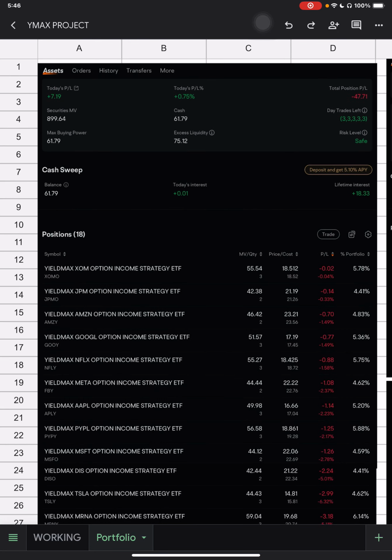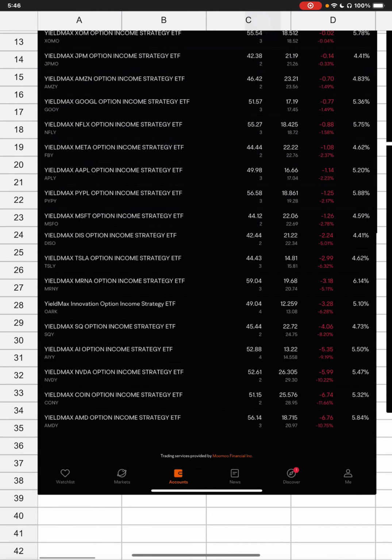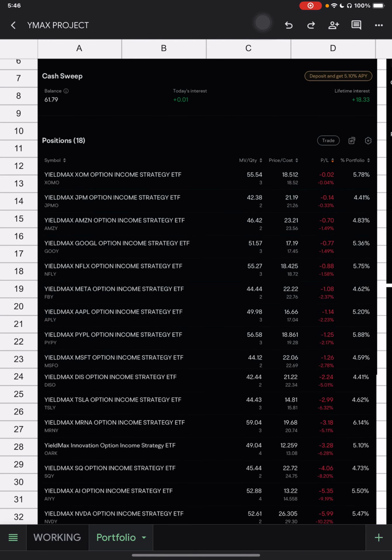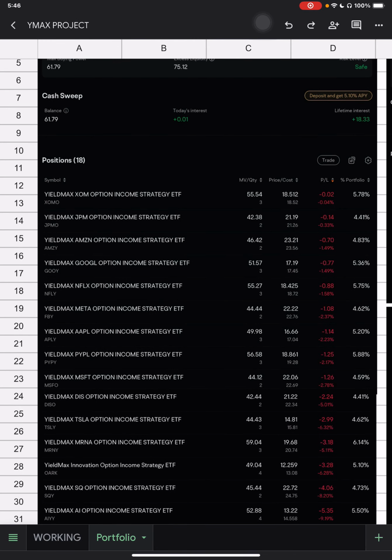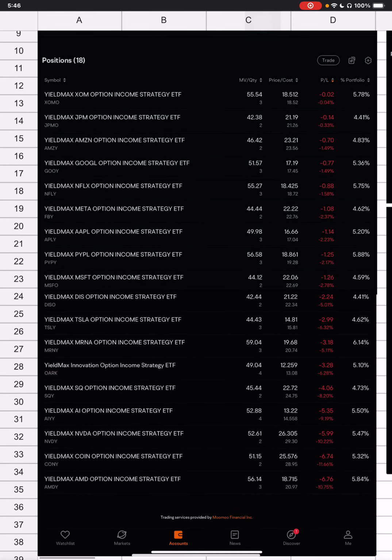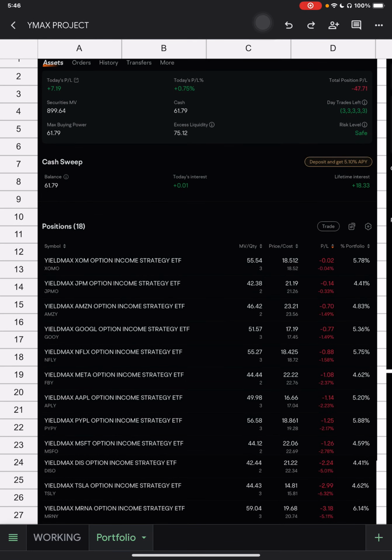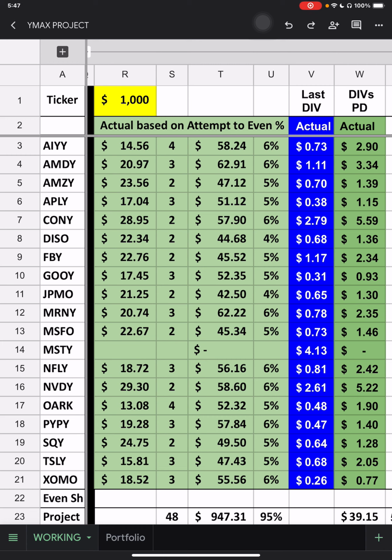So anyway, when I did this the other day, I didn't have Misty in here yet because I was trying to do it based on how the YMAX was set up. You can see here, it was down 47.71 when I did the screenshot. It was probably that big red day. You can see every single one of these was red that day, and it has the quantity of shares and the dollar amounts and everything that's on this tab.